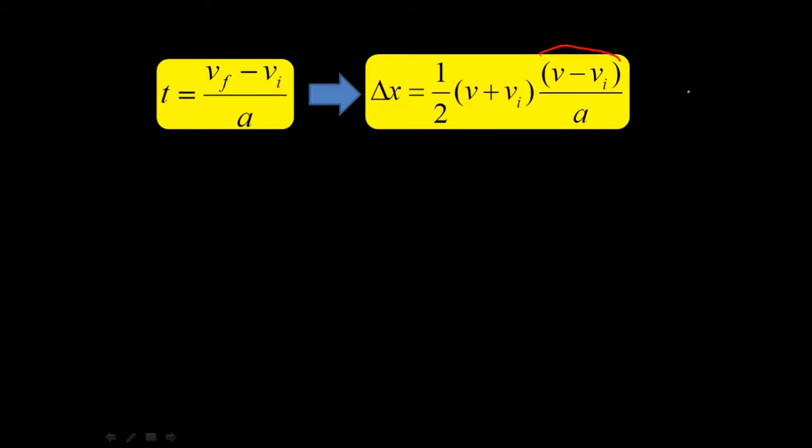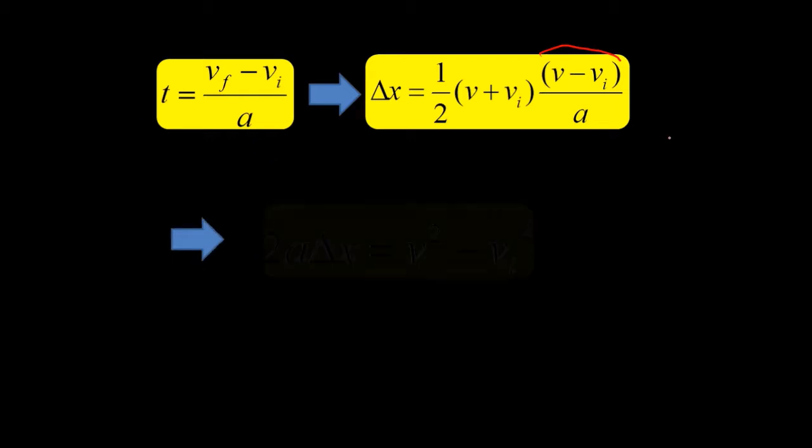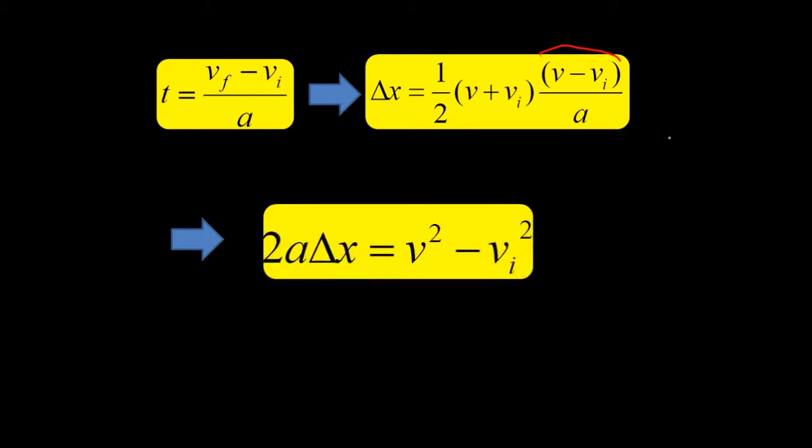So that means we have 1/2 times final velocity plus initial velocity times final velocity minus initial velocity over acceleration. Now if we multiply both sides by 2a, we get that it's a simpler expression of 2 times acceleration times displacement is final velocity squared minus initial velocity squared.